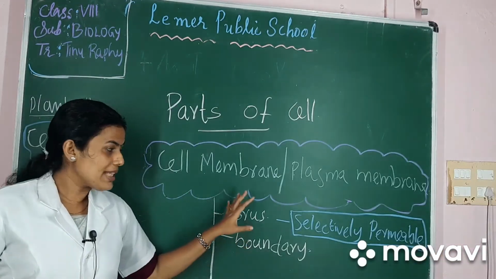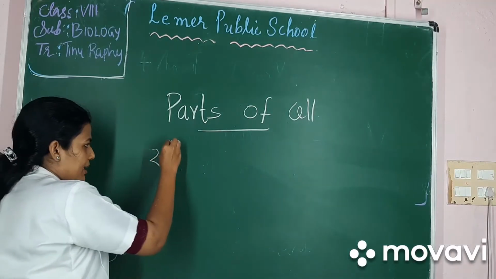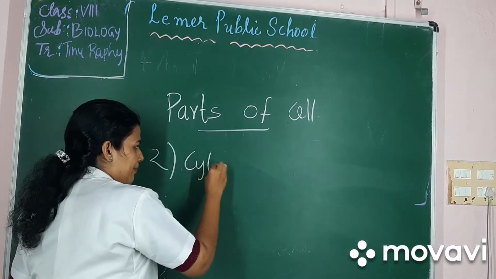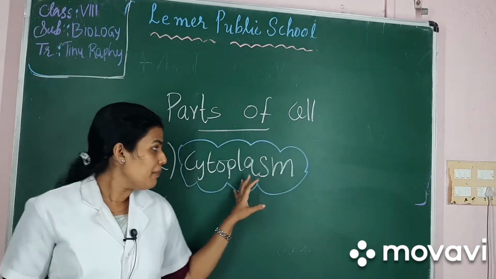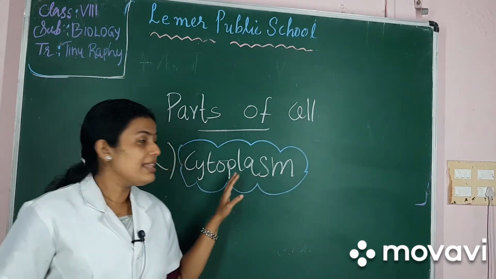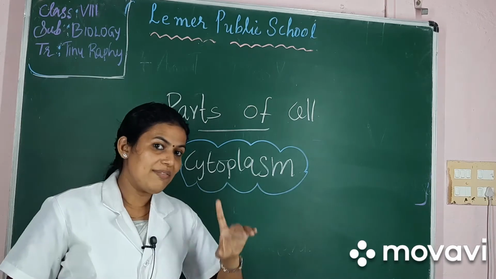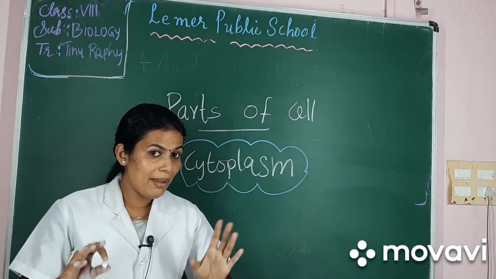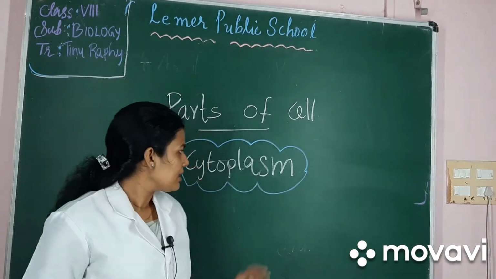Now we are moving to the second part of the cell, that is cytoplasm. Cytoplasm represents the inner jelly-like content of the cell, and this cytoplasm is bound by cell membrane. When we learned about the cell membrane, that cell membrane covers the cytoplasm and cell content, isn't it?